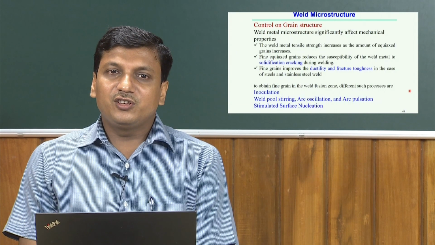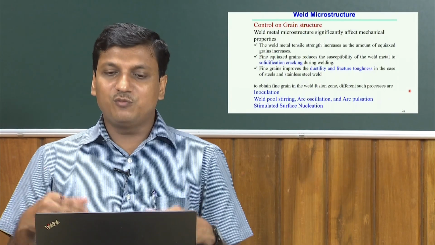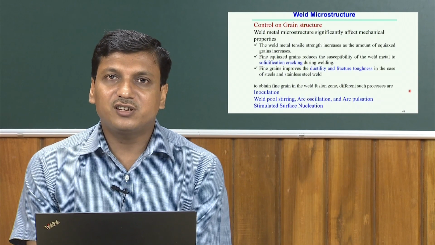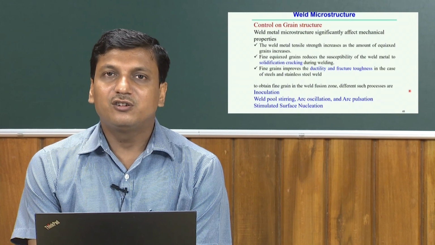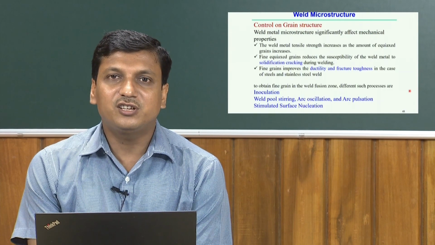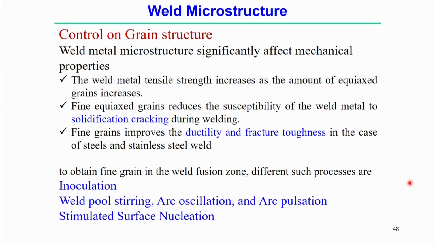Equi-axed grains also, that means the presence of a lot of equi-axed grains in the welded structure, reduces the susceptibility of the weld metal to solidification cracking during the welding process. Also, there is another advantage: if the grain is fine, that improves the ductility and toughness properties of the weld joint, specifically in the case of steels and stainless steels.